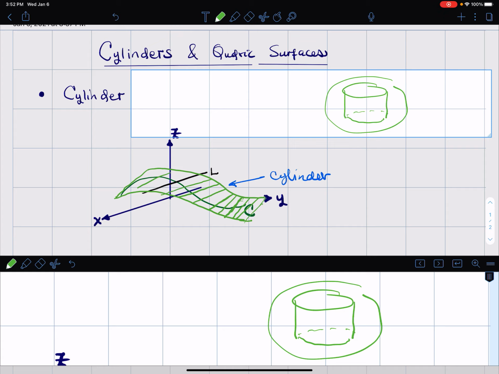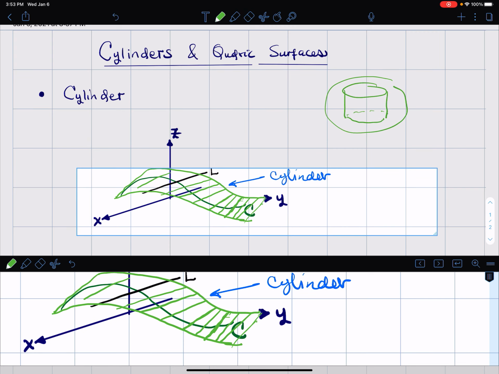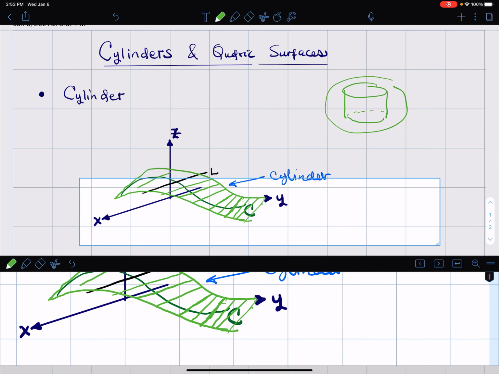What do I mean? The word cylinder is a generalization of a bunch of things that follow this principle of having a curve C and then having a line L that intersects with C and then gathering a bunch of lines that are parallel to L.